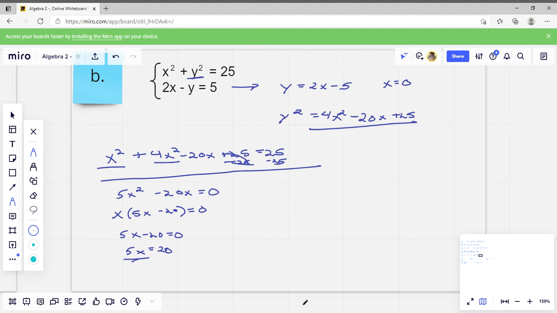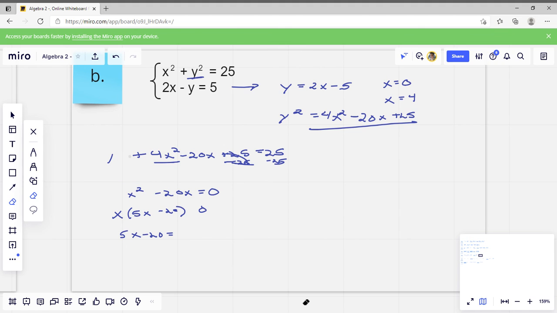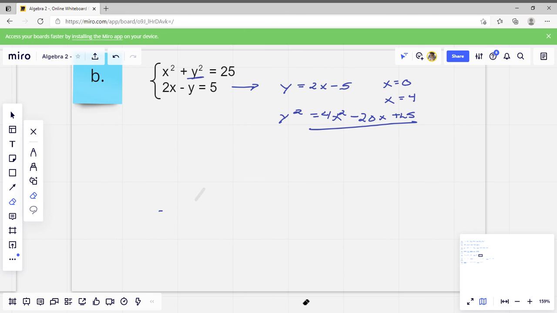And divide by 5. 5 times 4 is 20, so x equals 4. So there's our x values. Let's erase all this. Now we're going to have to plug those x values back into the equation to find our y values. Remember, we're looking for 2 points. We have the beginning of those 2 points. We just have to get the y's.